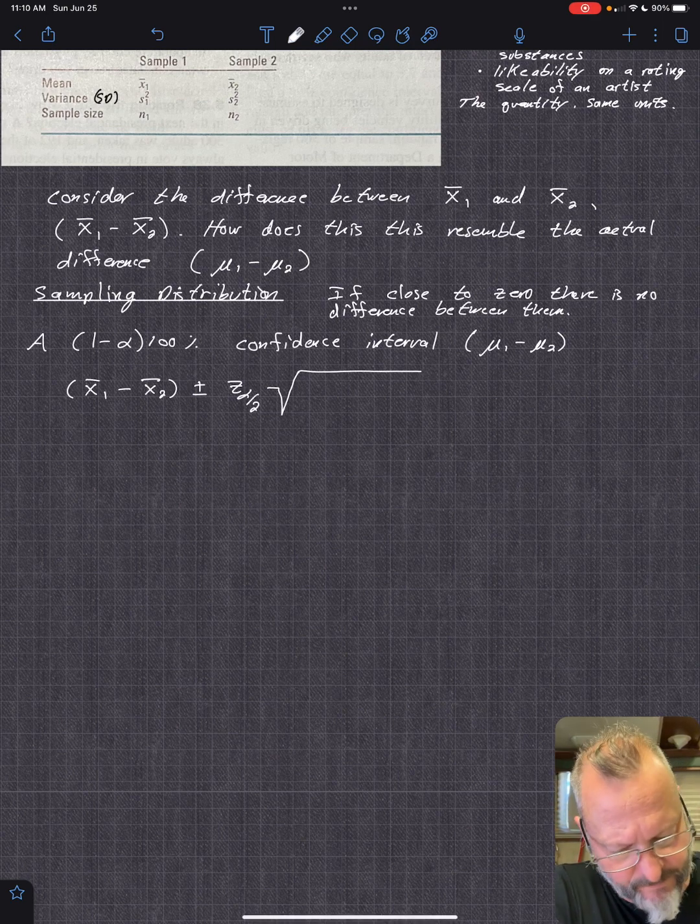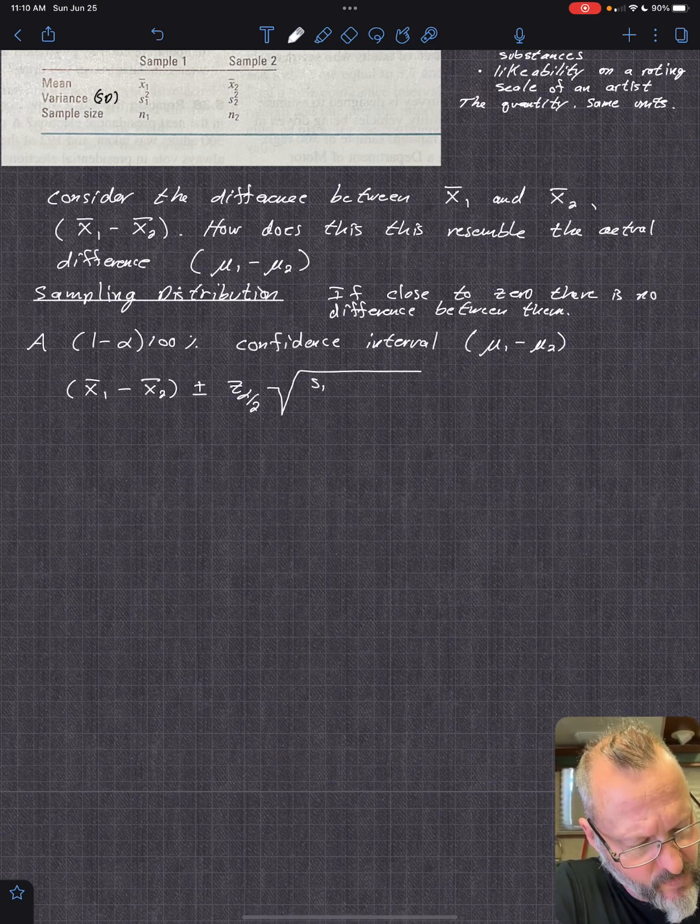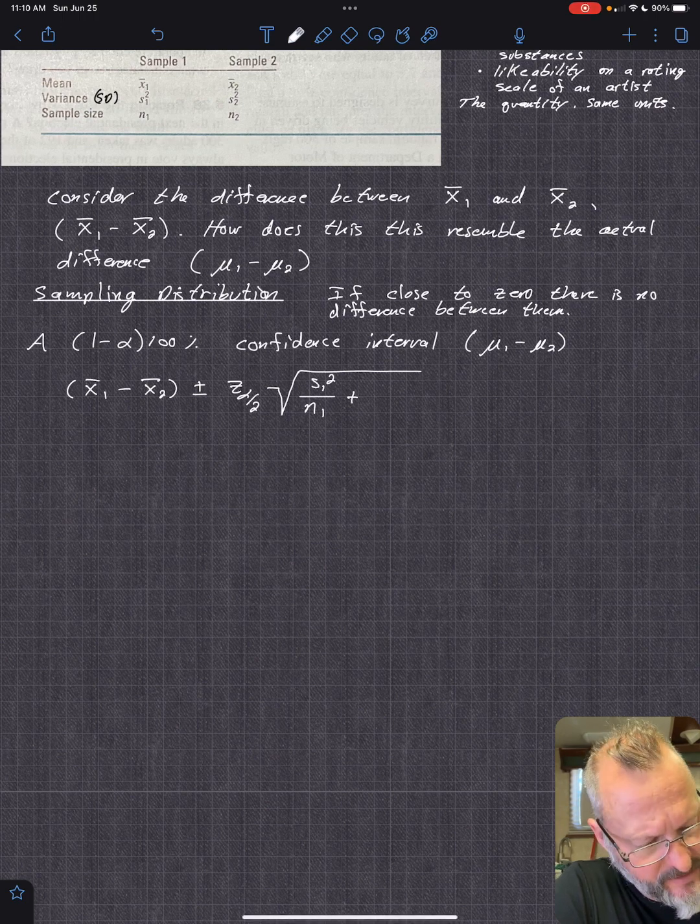And that's S1 squared divided by N1 plus S2 squared. So this is the variance divided by N2.